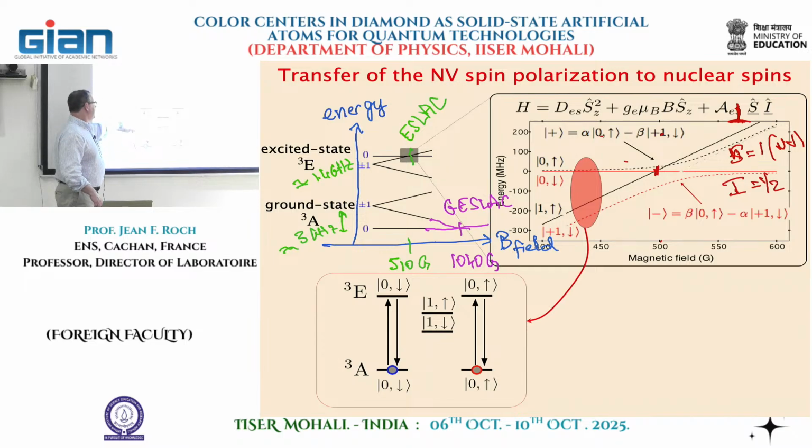In the ground state, I go to the ms equals 0 on the excited level, but this electronic transition does not have any influence on the nuclear spin. They live in different spaces. They are not coupled. Same if the nuclear spin is either up or down. So all optical transitions have no influence on the nuclear spin.